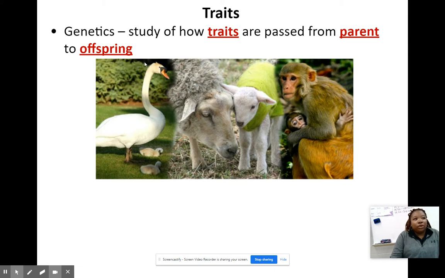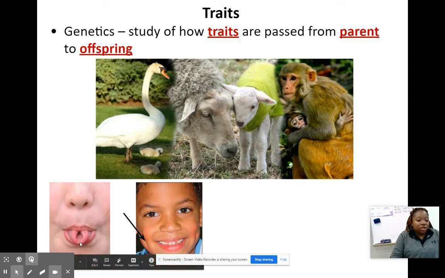Keep in mind that plants also pass their traits on to their offspring when they're reproducing. Bacteria reproduce asexually, but those traits are passed on to the offspring, which is the next generation, through reproduction.